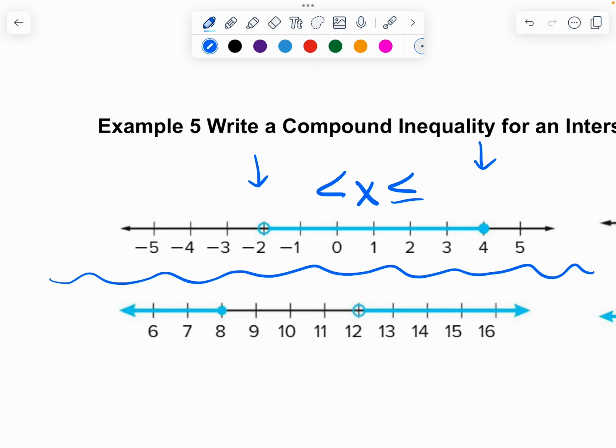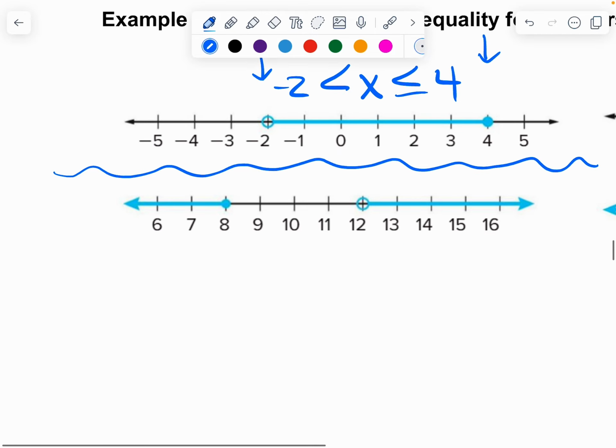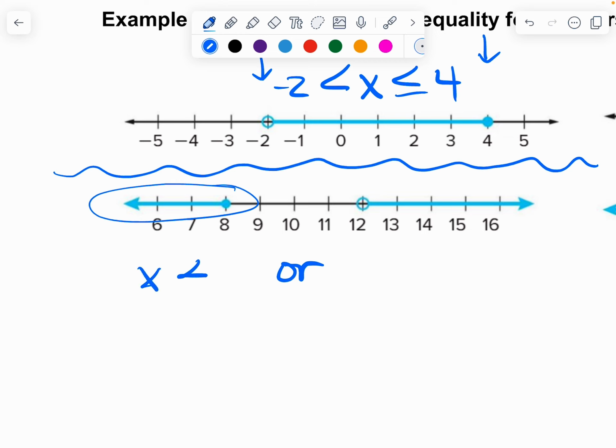And then I write the number, so negative 2, 4. Come down here. This is going to be an or statement. So I look at this side first. x is less than or equal to 8. Look on the right-hand side, x is greater than 12.